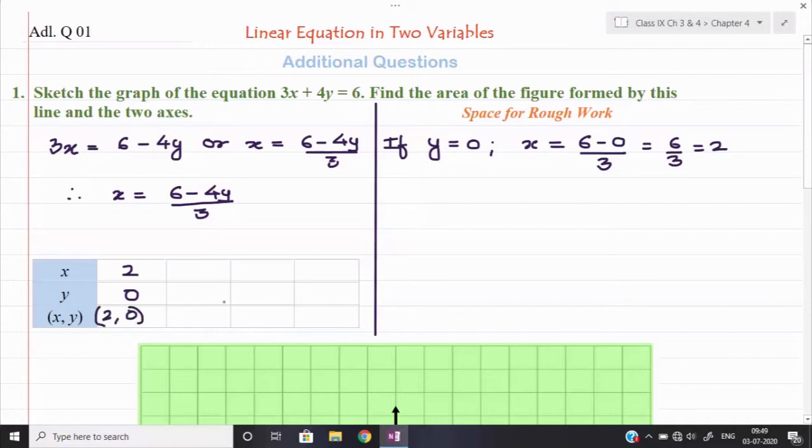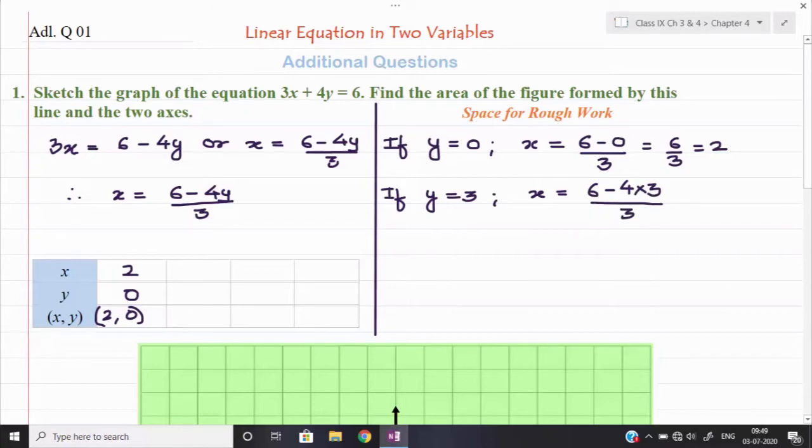Now similarly I will take some other values. If I take y is equal to 1, 2 or minus 1 and minus 2, it is not going to work. You can try; I have already tried these values, so they are not going to work. To get an integer value, I am taking y is equal to 3. So 6 minus 4 into 3, whole divided by 3.